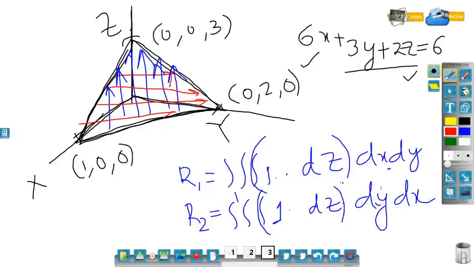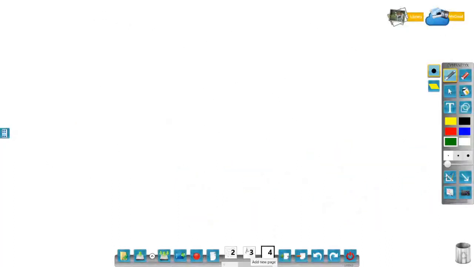On the same line, if you go along the x-axis, then you will have the order of integration as dx dy dz and dx dz dy. So in total you will have the 6 iterated integrals. Let's write all those 6 iterated integrals in a systematic way, and then we'll evaluate any one of them.